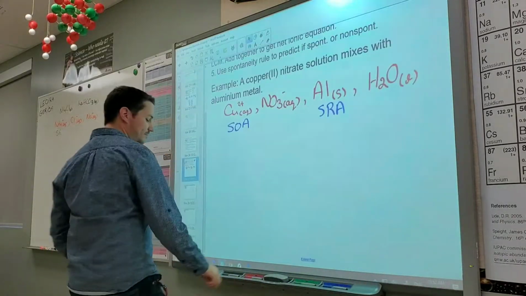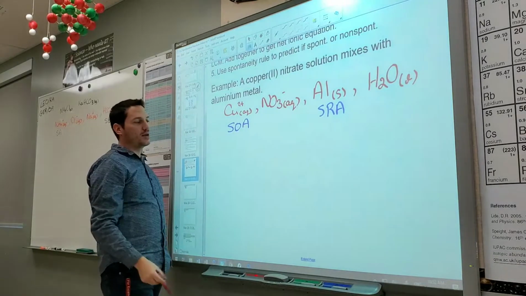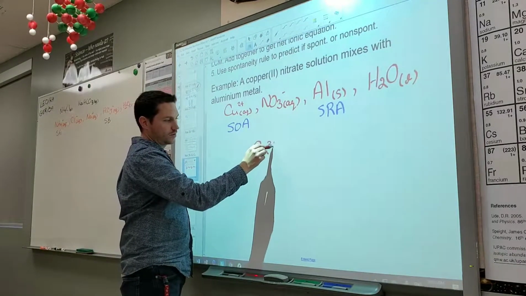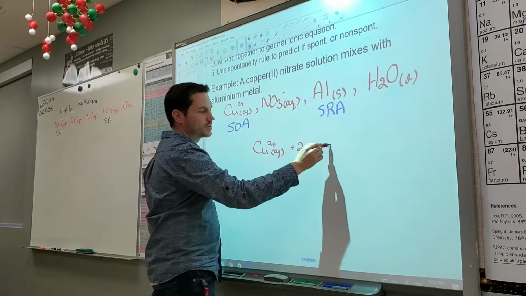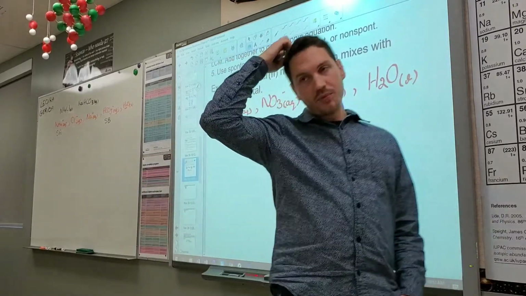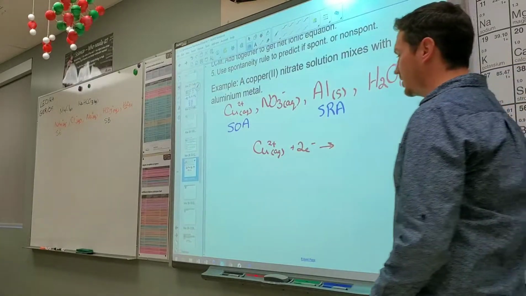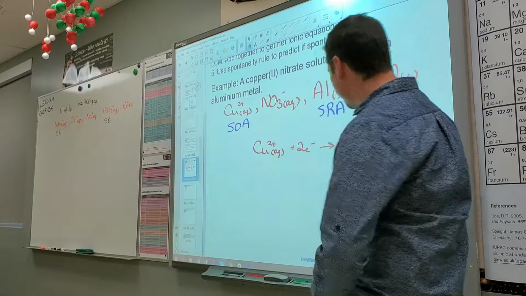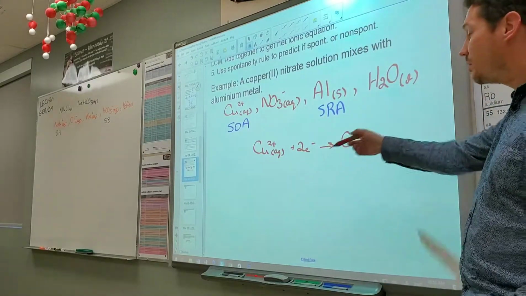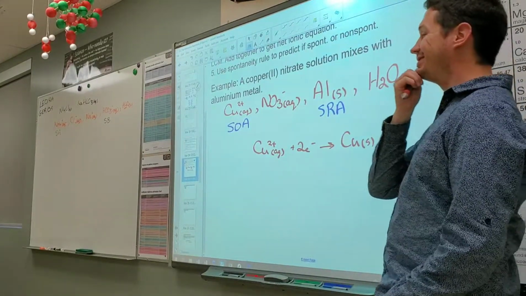So let's try that. Copper 2 plus gains 2 electrons. And I'm not going to use equilibrium arrows anymore. I'm just going to use quantitative arrows. So that turns into copper metal.